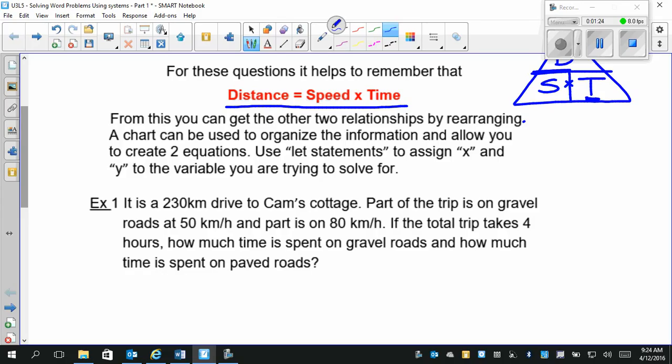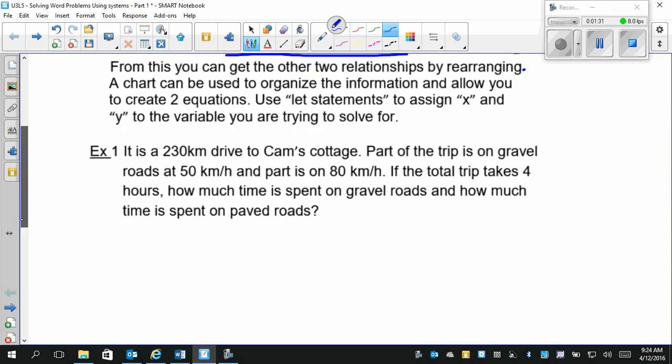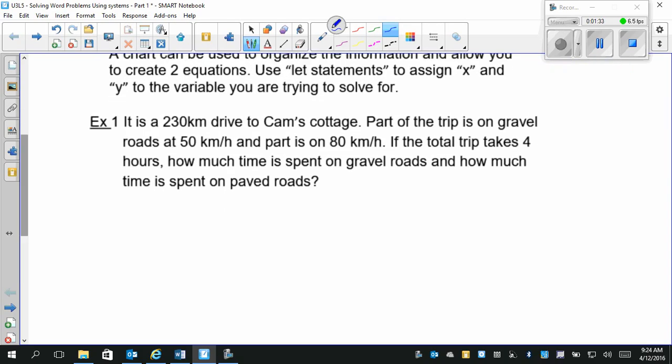All right, so you guys have had some experience with word problems before. We're going to start by assigning variables to the things that we are trying to solve for. So we're going to look at the end of the question actually to start with here. At the end they're asking how much time is spent on the gravel roads and how much time is spent on the paved roads.